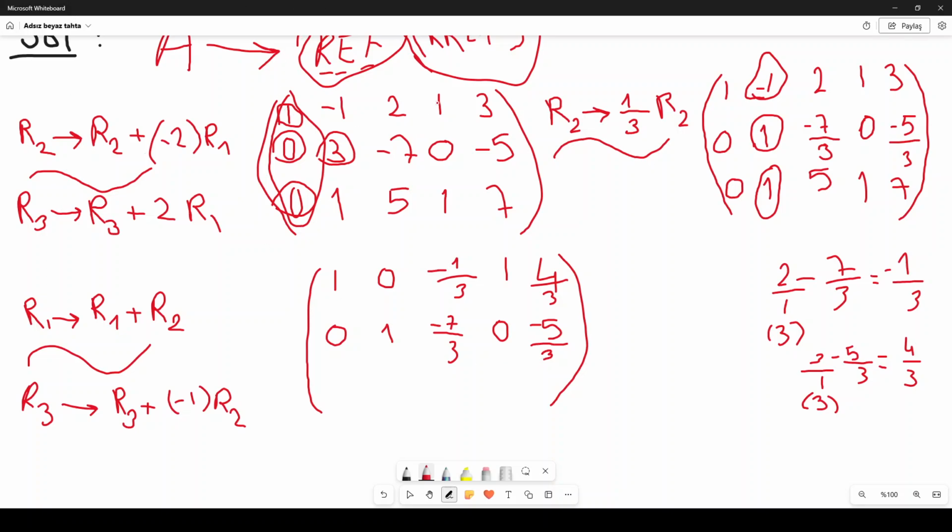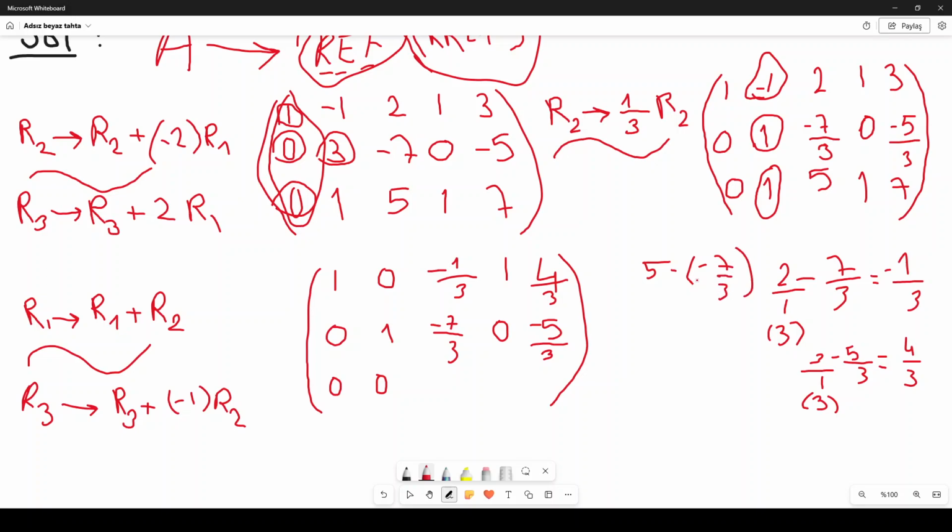Okay, and for the last row I just subtract R2 from R3, so what I obtain is 0, 0, and then don't forget 5 minus minus 7 over 3.